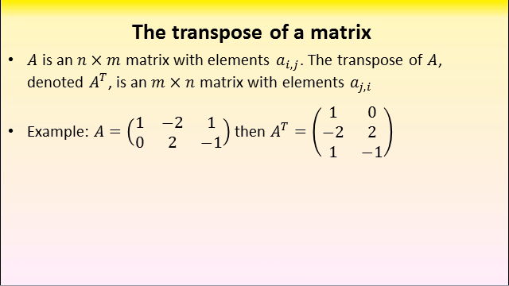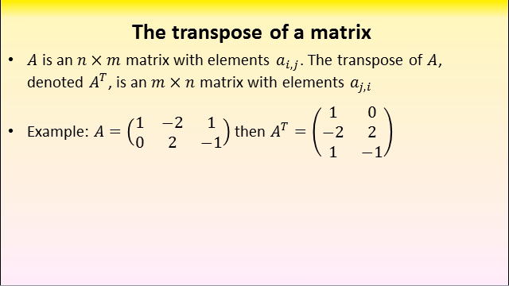A is a 2 by 3, so A transpose must be 3 by 2. And to create the transpose, just start with the first row, the one which has 1, minus 2, and 1. That should become the first column of A transpose. And the second row, 0, 2, minus 1, should become the second column of A transpose.